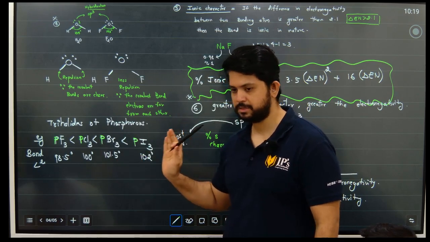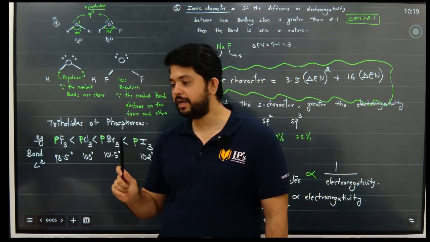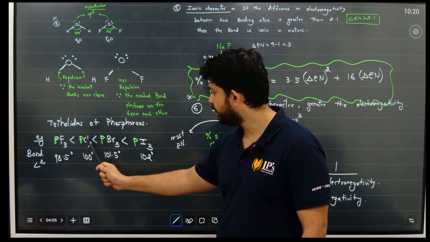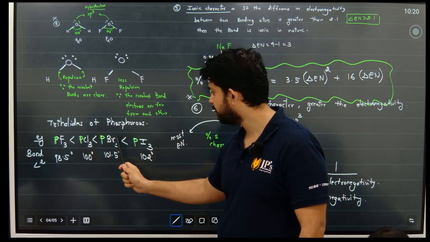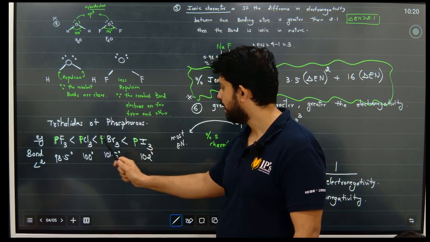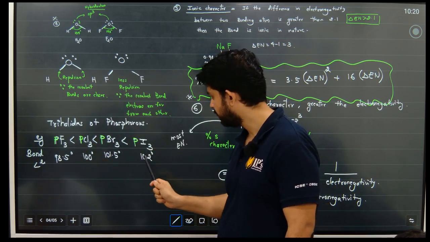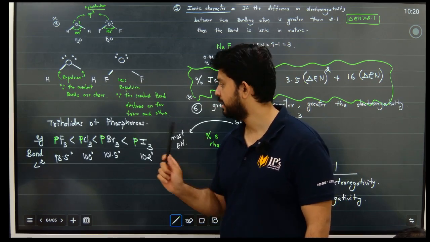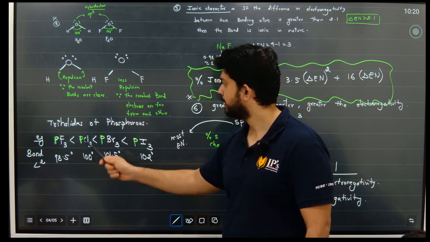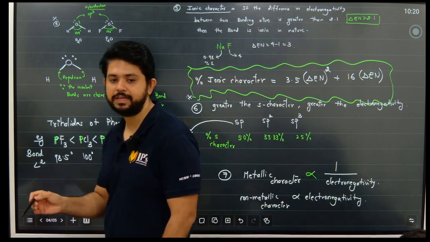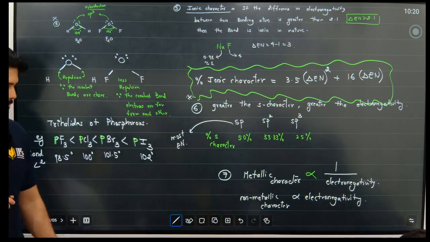And we know that fluorine is more electronegative than chlorine, and so on. If you see, bond angle increases as the electronegativity of the side atoms decreases. This is the above trend, but here we have applied it to trihalides of phosphorus.